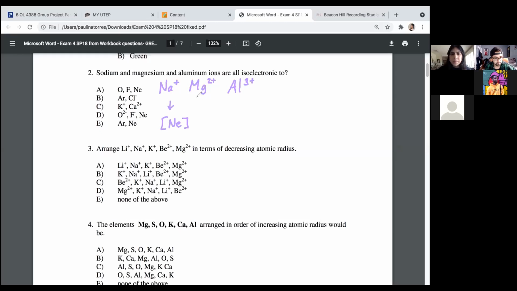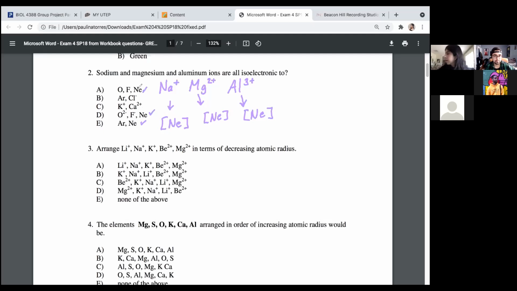Okay, magnesium, when it loses 2, is also going to go to neon, right? And aluminum, when it loses 3, is going to go to neon. But if you look at the answer choices, there's 3 that have neon, but they all have something else as well, right?